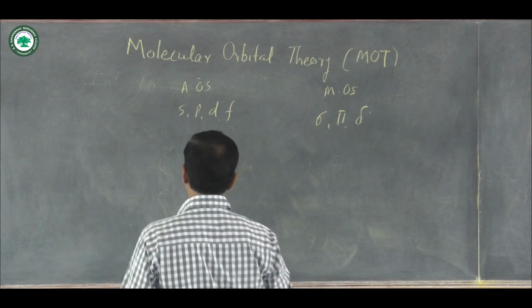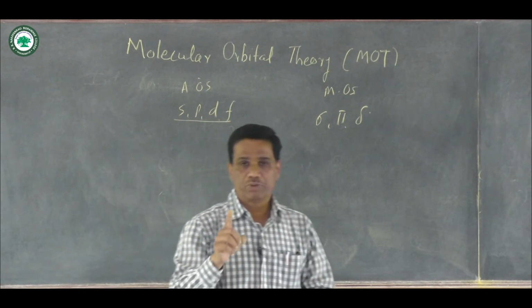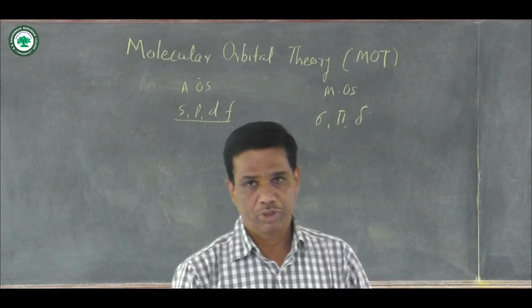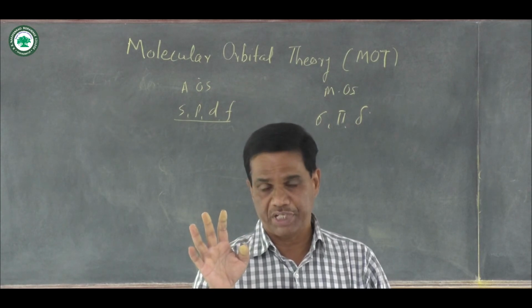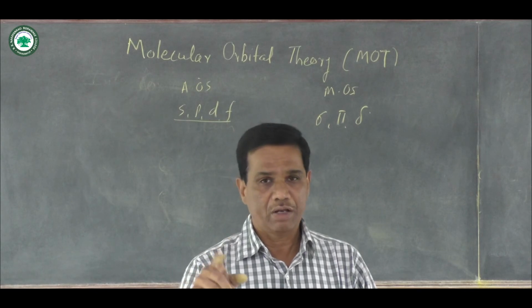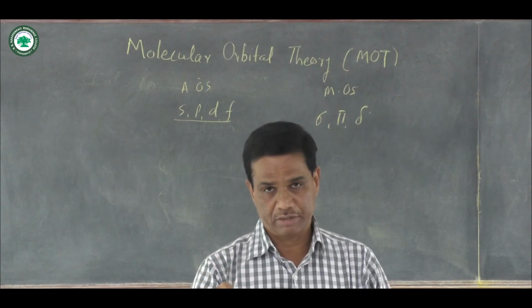Then if you consider the atomic orbitals, they have fixed shape. You know, s orbital is all over positive and spherical in shape. P orbitals are dumbbell shape. There are 3 p orbitals. Px lies along the x-axis, py lies along the y-axis, pz lies along the z-axis.